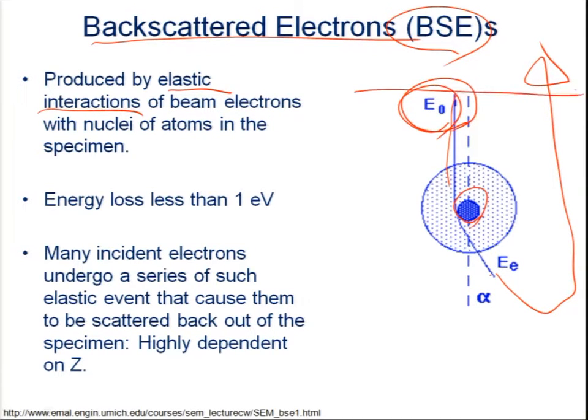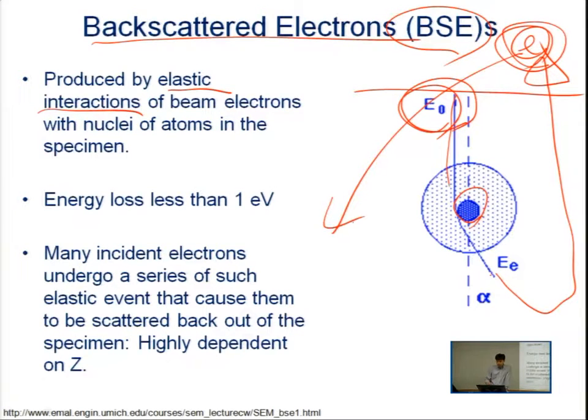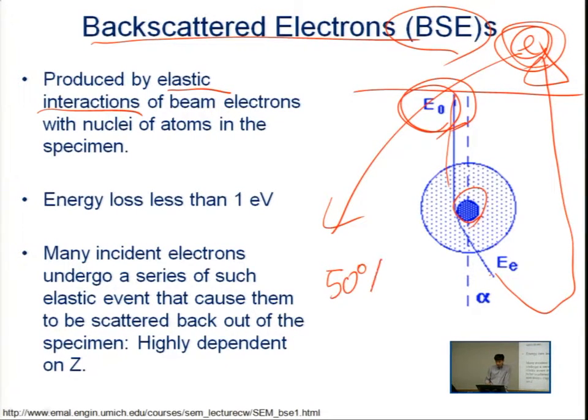So this electron has very high energy. In most cases, this kind of electron has more than 50% of its original energy. Compared to the secondary electron, the backscattered electron has a much higher energy.